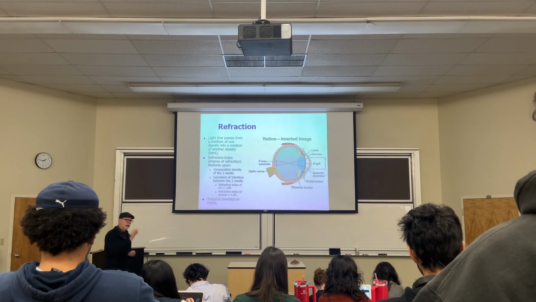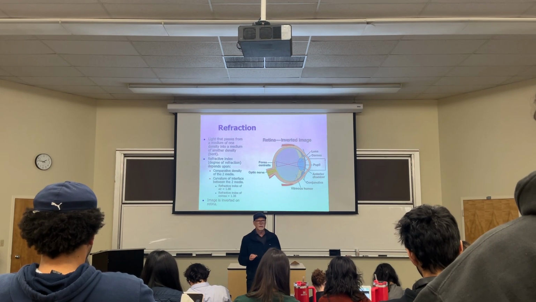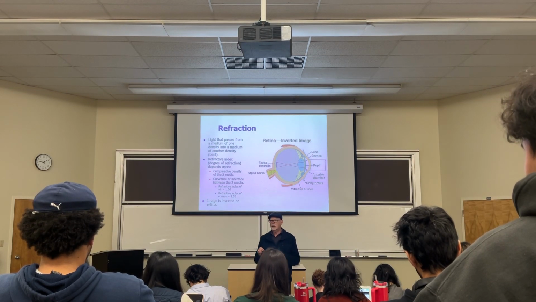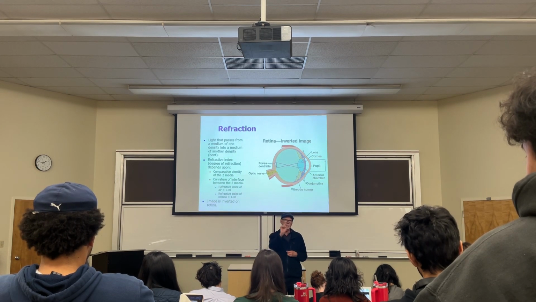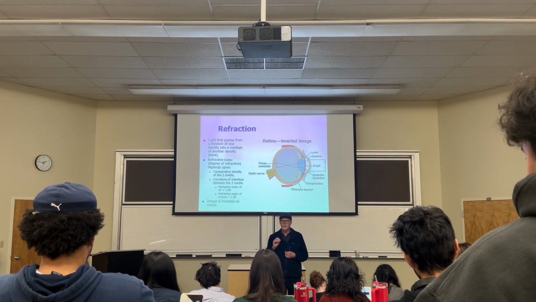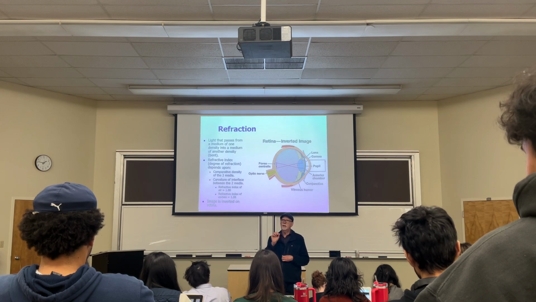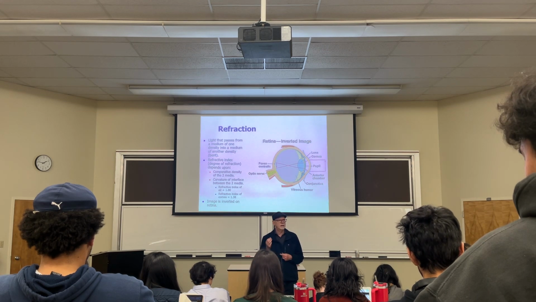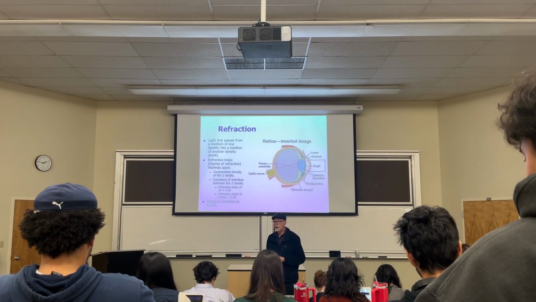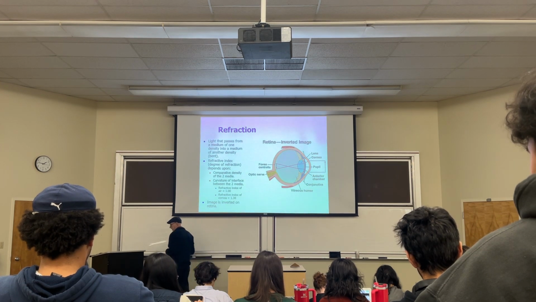The cornea refracts it the most, but it's not adjustable unless you do a surgery. Then the aqueous humor bends it just a little bit. Then the lens bends it, but the lens can change its refractive ability because it can change its shape. And finally, the vitreous body or vitreous humor refracts it just slightly.